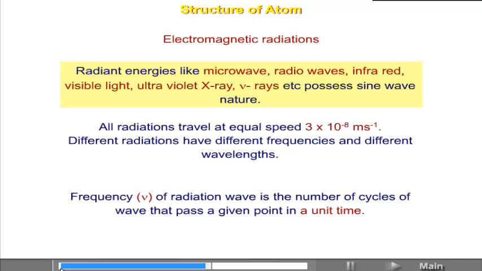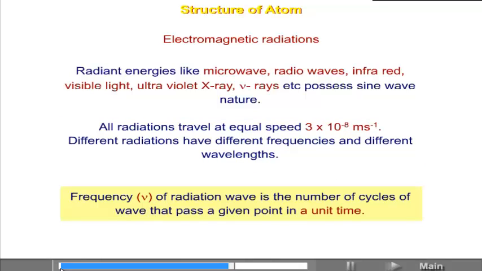Radiant energies like microwave, radio waves, infrared, visible light, ultraviolet, X-rays, gamma rays, etc. possess sine wave nature. All radiations travel at equal speed, that is 3 into 10 raised to 8 meter per second. Different radiations have different frequencies and different wavelengths.